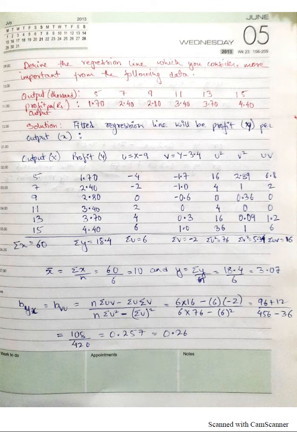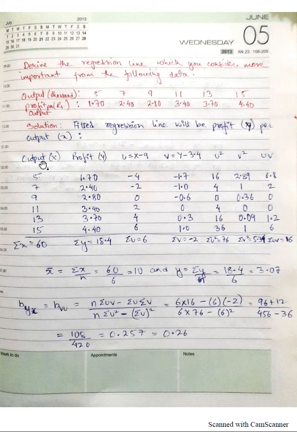So we can decide how much output we can actually produce to have an optimal profit. So I repeat again, we will find the regression equation of y on x.